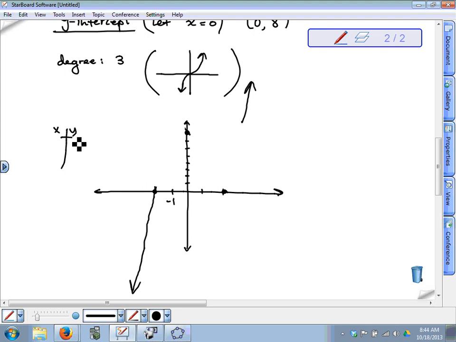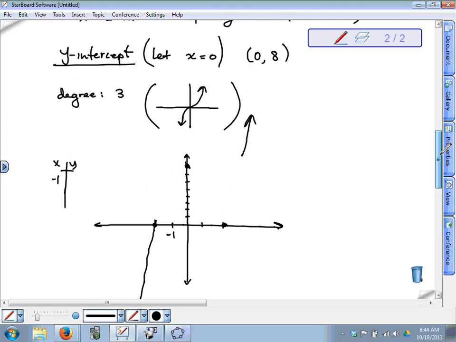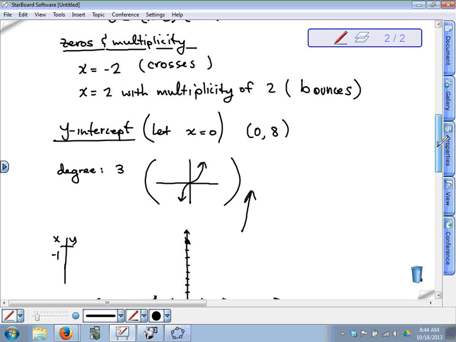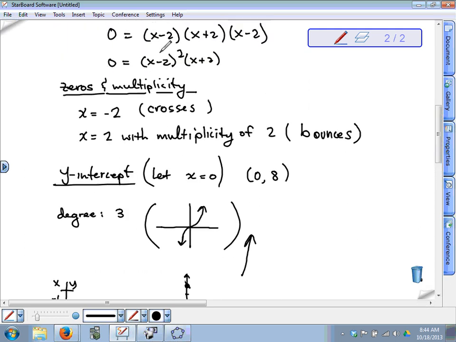So if you make a little xy table here and just plot a point of negative 1, you can either put it into the factored form or the general form. I'm actually going to put it into the factored form. If you put a negative 1 in for that x and a negative 1 in for that x, and then do the arithmetic, what's negative 1 minus 2?